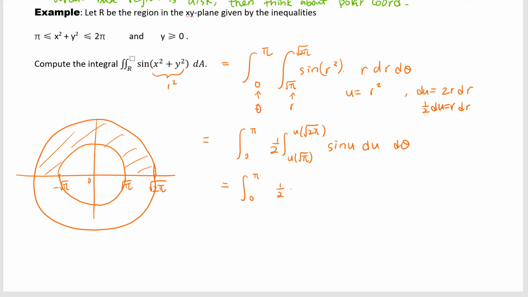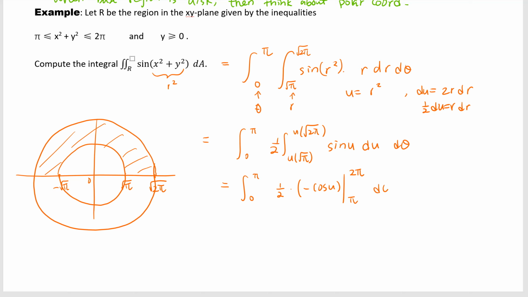The integral of sine u is plus or minus cosine. Think about it: the derivative of cosine is minus sine, so the integral of sine is minus cosine. And now u is r squared, right? So square root of pi squared is pi, and this is 2 pi.